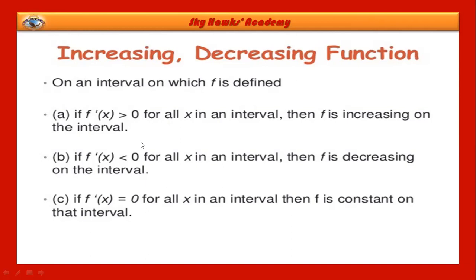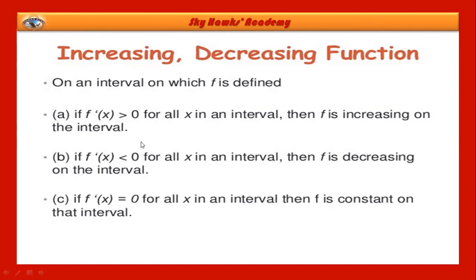And during another interval, if f prime x, the first derivative of that equation, is less than 0, then you can say this is decreasing from this point to that point. And if you get the value 0, this will be the constant function.